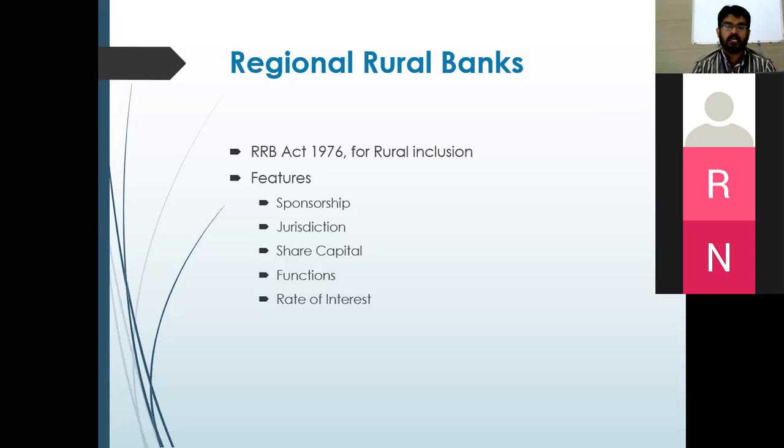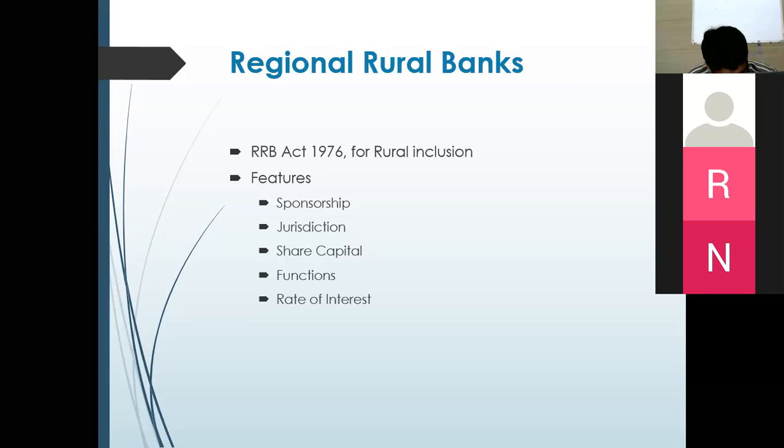Sometimes there are artisans also, like those who make pots or do weaving of clothes. For all such reasons small loans are given, and that is the main function of any RRB, providing loans to the needy people in the rural areas.